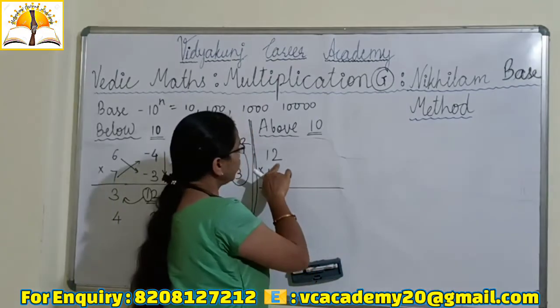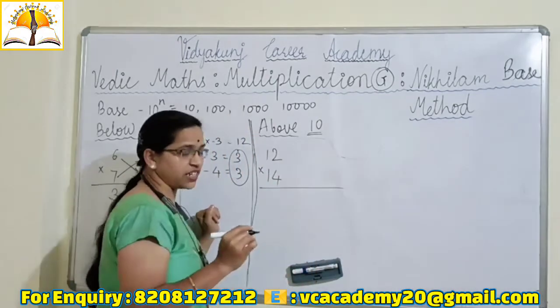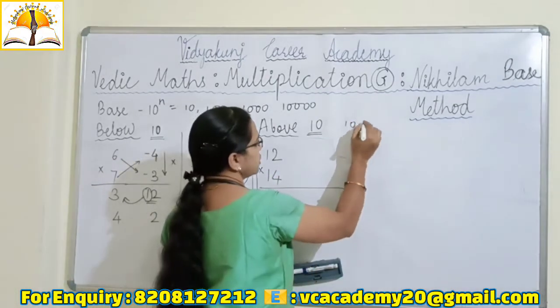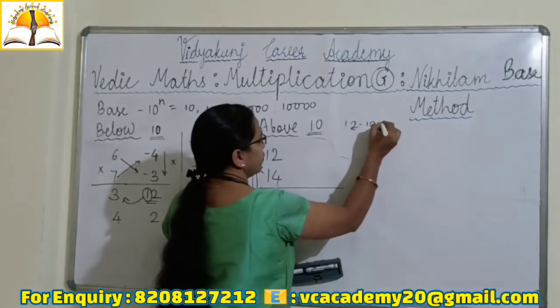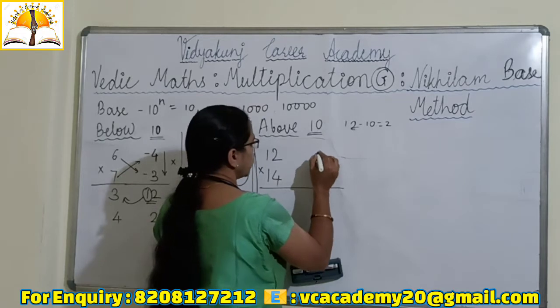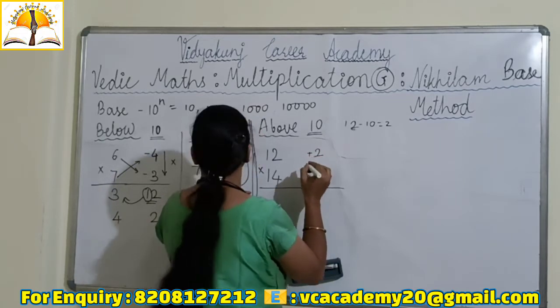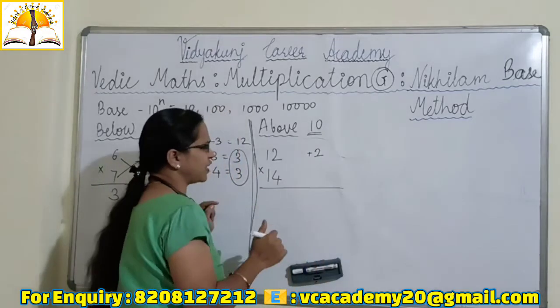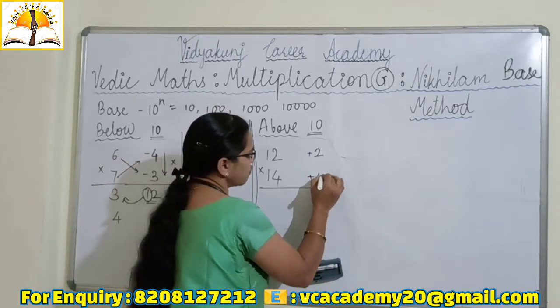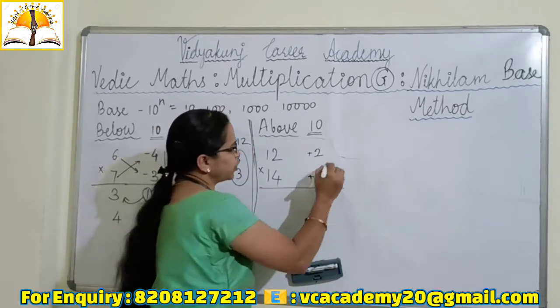Then see here how many more has been given in this number. 12 minus 10 will be 2. Yes or no? So how many more has been given? Plus 2. By observation you will write here plus 4. Then what do we have to do?